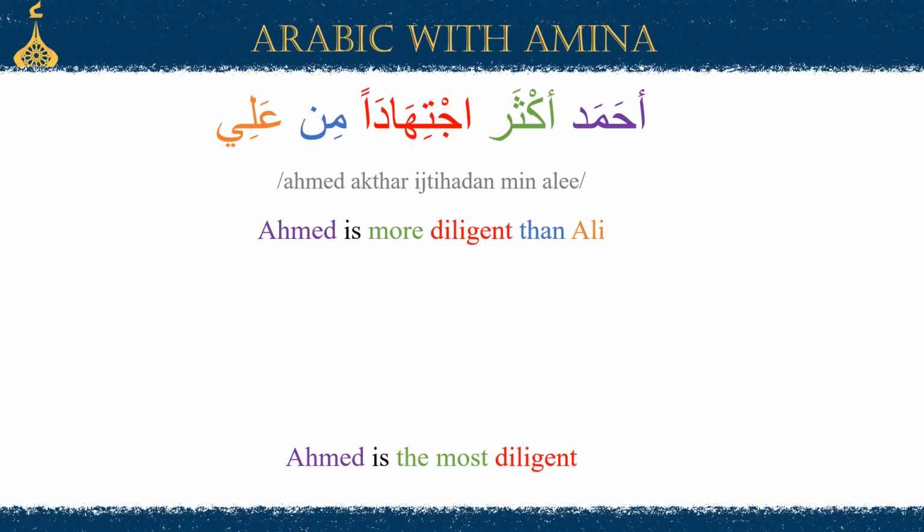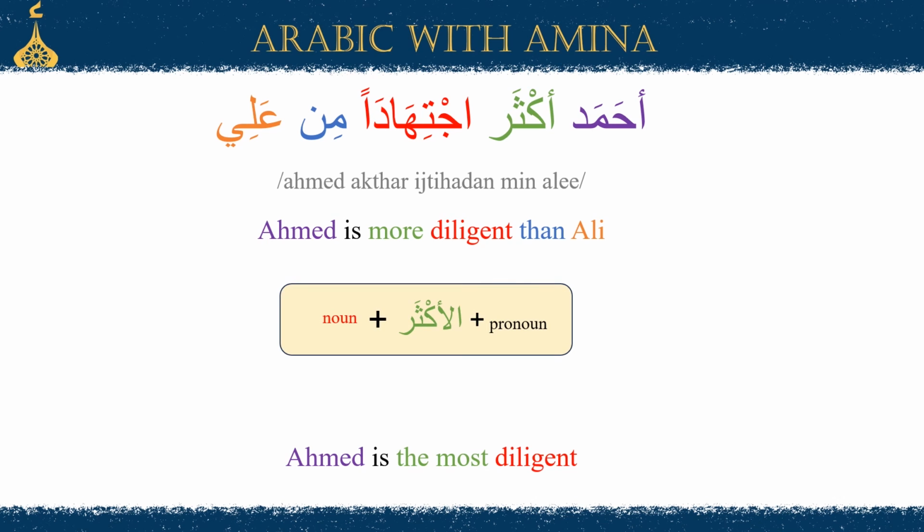Okay. In order to do so, using the word the most, we have our rule of pronoun followed by al-akthar followed by noun. We already know the noun because we have it in the previous sentence after akthar.